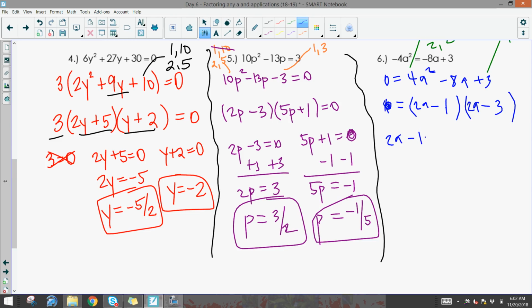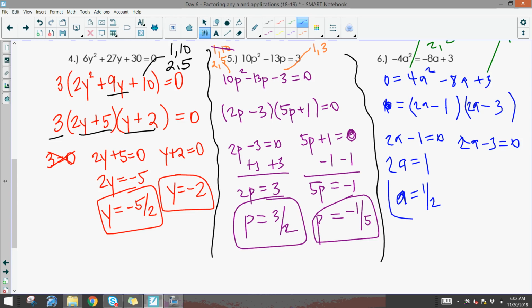minus 1 equals 0, and 2a minus 3 equals 0. Okay, so we have 2a equals 1 when you add 1 to both sides, divide by 2, and a is a positive 1/2. It should be an a.